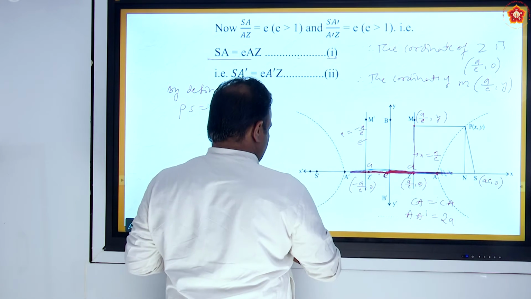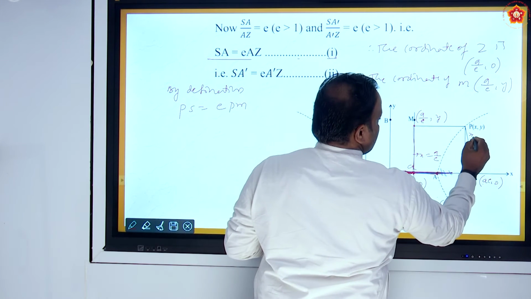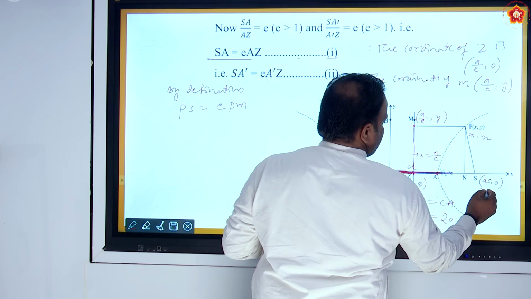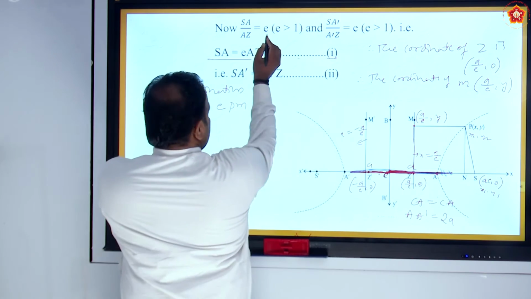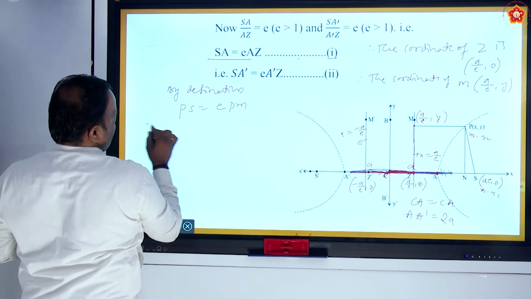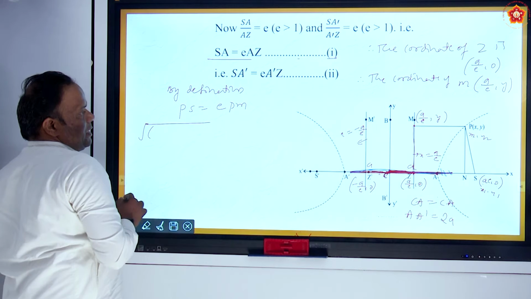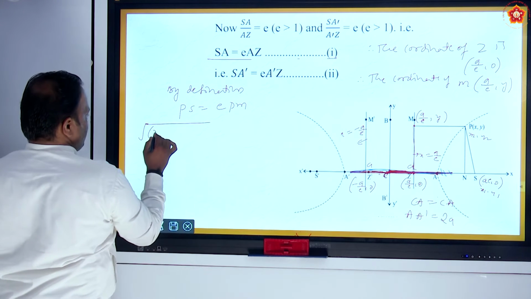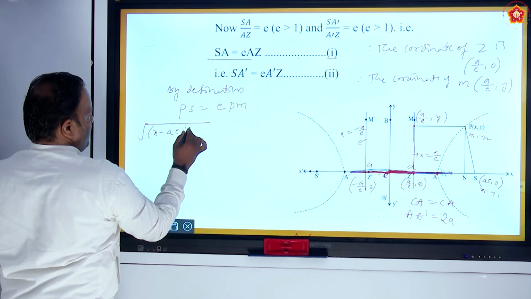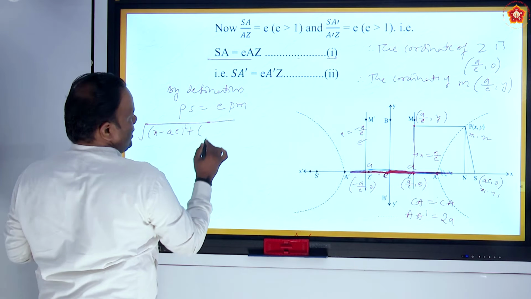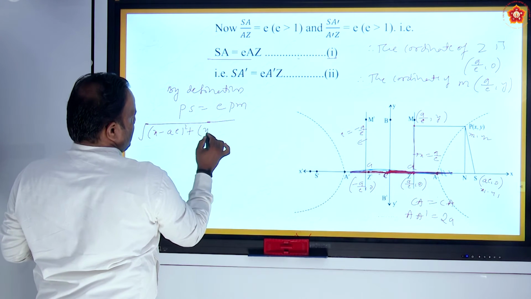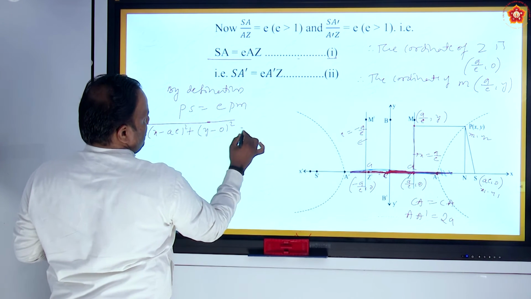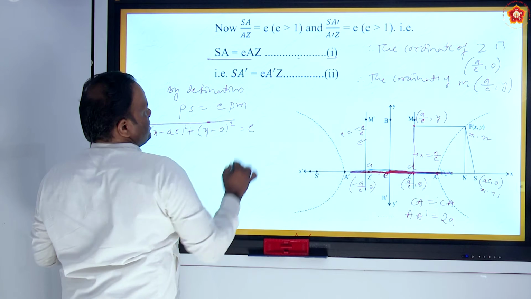Okay, here this is x2 y2, here x1 y1. PS using distance formula, root of x2 minus x1, means x minus ae whole square, plus y2 minus y1. Y2 is nothing but y, y1 is nothing but 0, whole square, equal to e as it is.